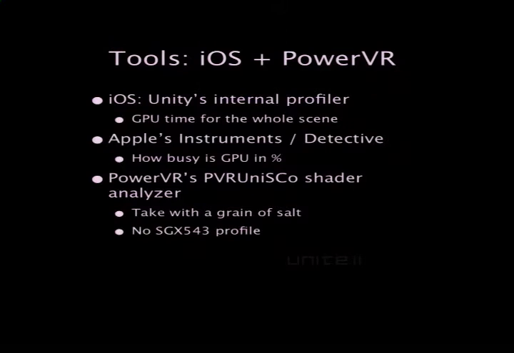For iOS, there's the iPhone profiler in the app controller part of the build project, and by enabling one define in the Objective-C code, it can tell you the GPU time for the whole scene, which is much less information than for each object, but still a good indicator.